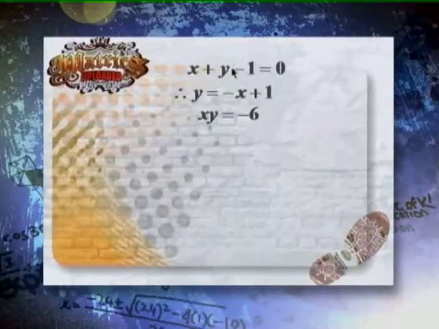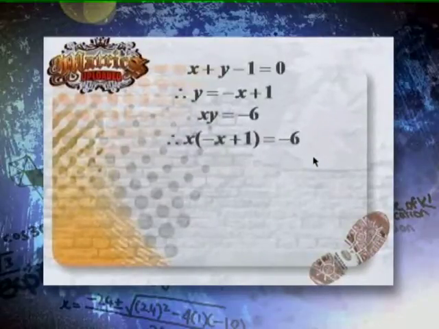What is the purpose? To replace y by negative x plus 1 in the second equation. Let's have a look. What we did here, we took the second equation, which is xy equals negative 6. In place of y, we replace y by negative x plus 1.